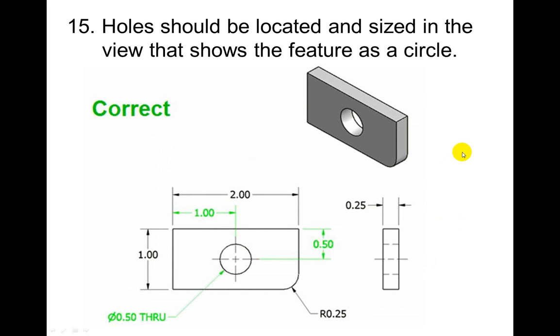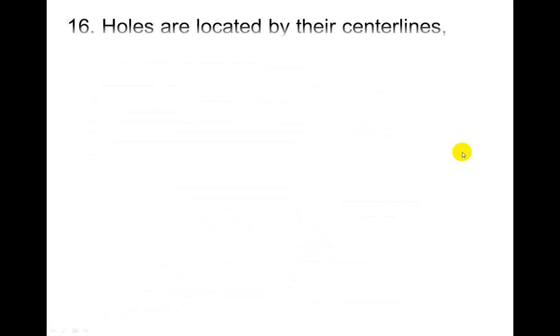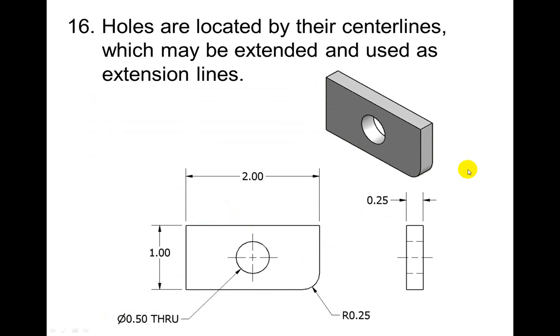So this would be the correct way to do it. Holes are located by their center lines, which may be extended and used as extension lines. Okay, so they tell you exactly where it is based on these center lines.